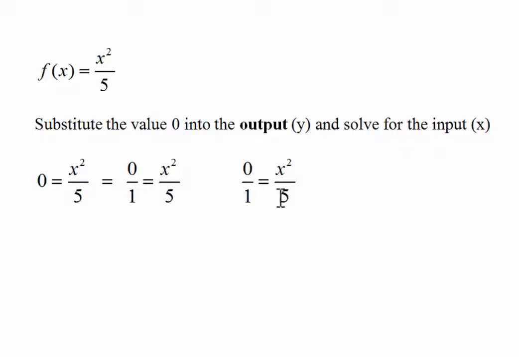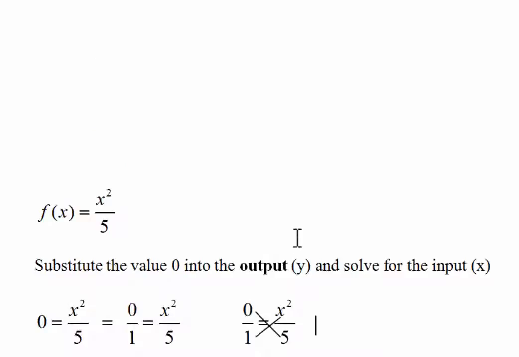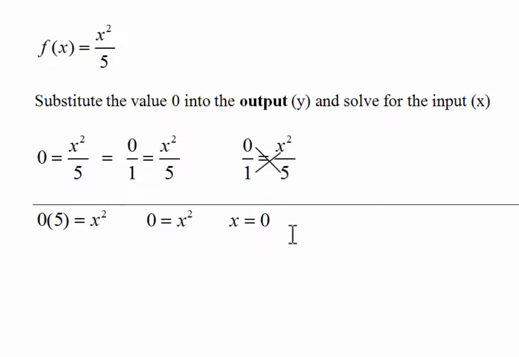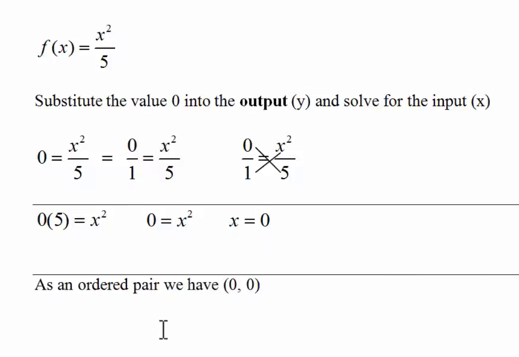So we would have 0 times 5 equals 1 times x squared. So after we cross multiply, we end up with 0 equals x squared. So the only value of x that could make this statement true would be 0, right? If we square 0, we have 0. So our ordered pair would be 0, 0.